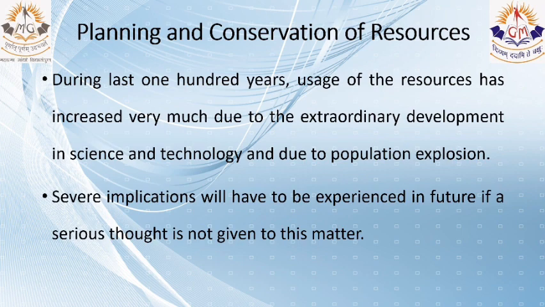So the first thing that comes to mind is, then we should have a planning, and we should conserve the resources that we are having. There should be proper planning of how much to use, and how that resource is to be used.